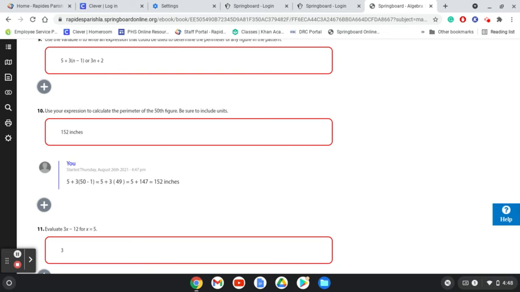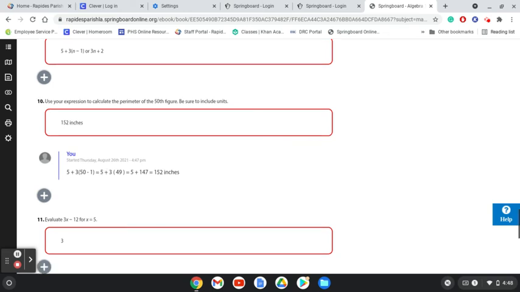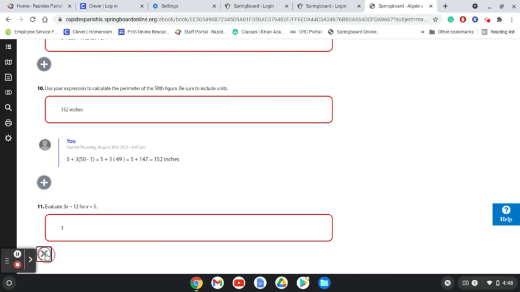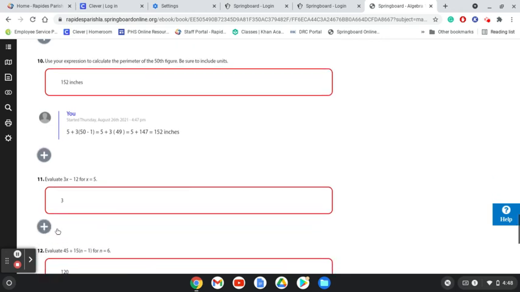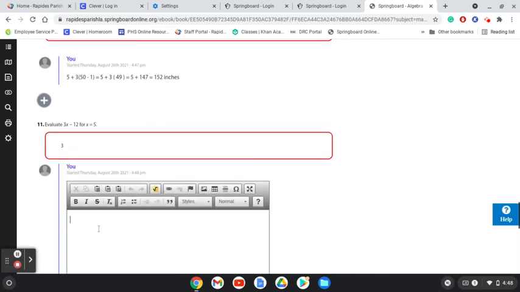So evaluate 3x minus 12 if x is 5. So we're just going to plug this in. We're going to say 3. It's my daughter's computer. I have no clue. There it goes. So we're saying 3 times 3 minus 12.